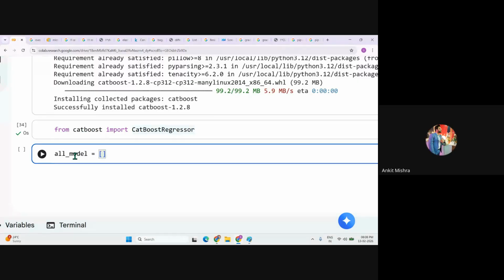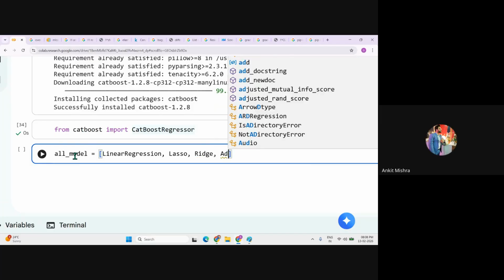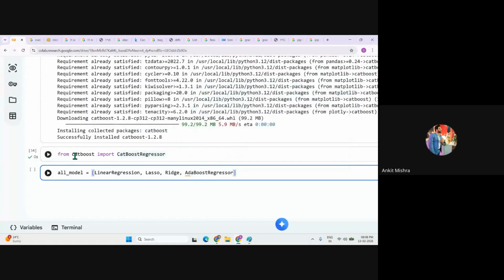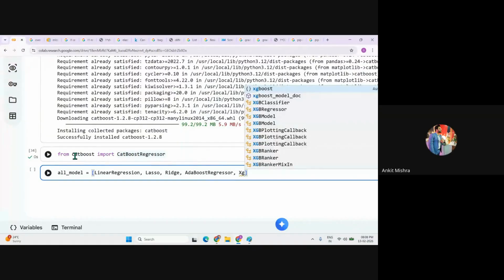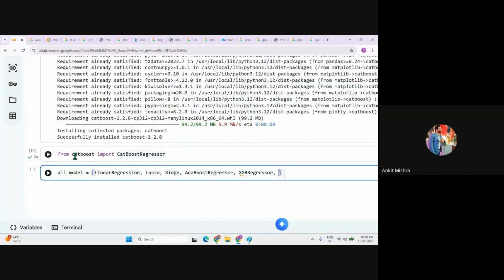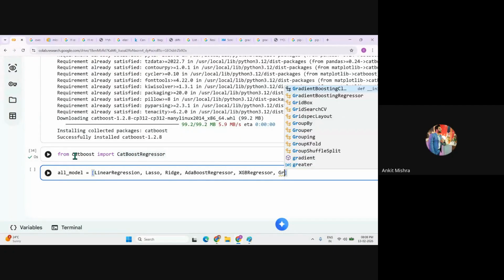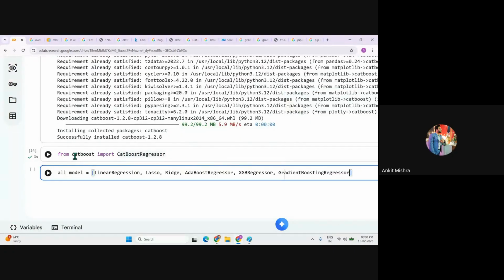You can just write this: the first one is linear regression, okay. The second one is lasso regression. You have to use this concept. Let me just summarize this one. The third one is ridge. The fourth one is AdaBoost. You have to create a list of this. The fifth one is XGBoost, and the sixth one is gradient boosting, the gradient boost regressor.